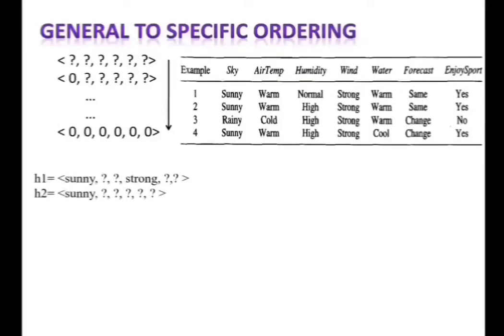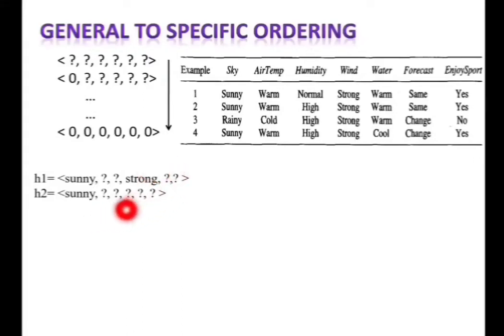To understand this ordering, consider the example EnjoySport. Let H1 and H2 be the two hypotheses. Here H2 imposes fewer constraints compared to H1. H1 needs the first attribute sky should be sunny and wind should be strong, whereas H2 imposes only one constraint, sunny.